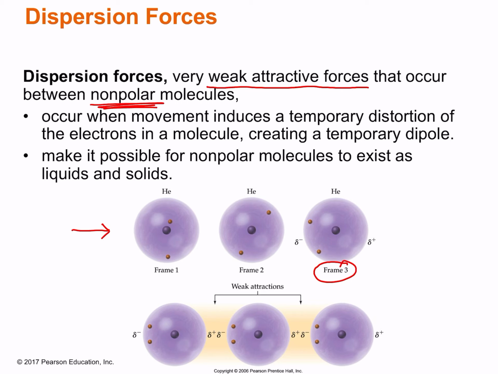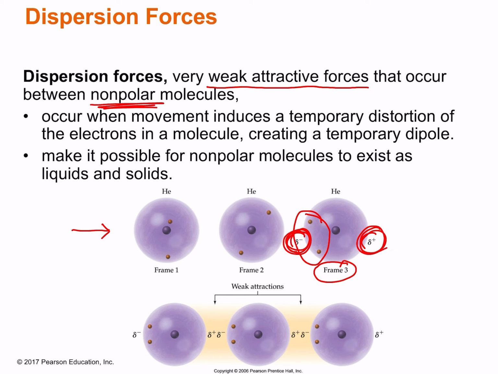When they do, that makes this side of the atom partially negative and this side of the atom partially positive, because this side has more electrons than it really should. Usually one electron sits on each side, but now there are 2, so that side is partially negative and this side is partially positive.